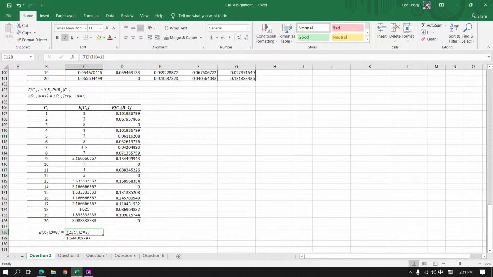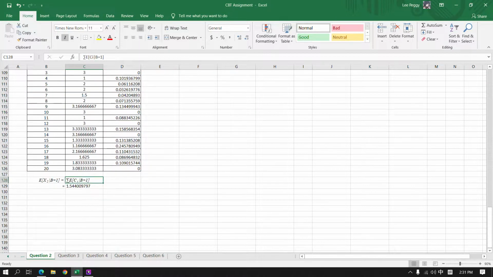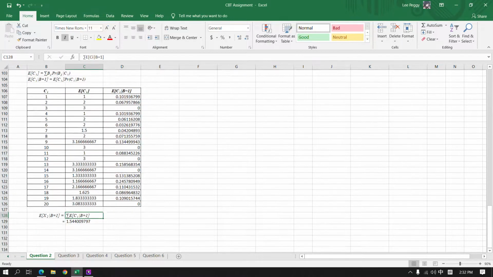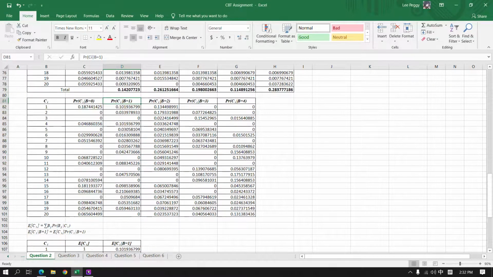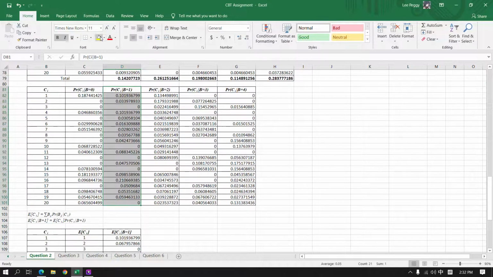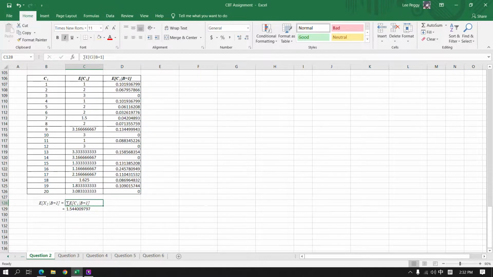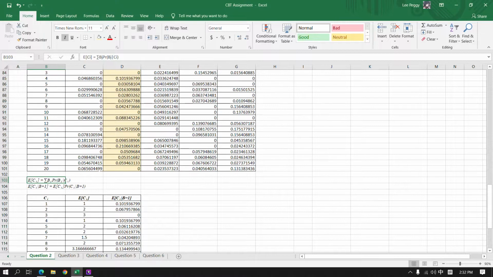To find that, we need the summation of the expected value of Ci times the probability of Ci given B equals 1, which is the main thing we need to look at. Before finding this, we need to find the expected value of Ci.